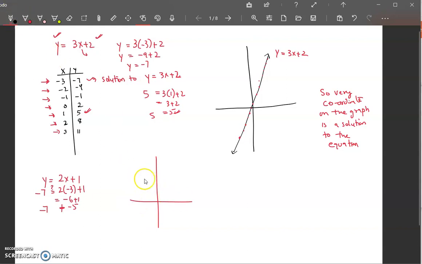Any point on a parabola is a solution. It will make the equation of that parabola true as well. So that's the first thing I wanted to talk about, that you can pick any x and y point and it should make the equation of that particular graph true.